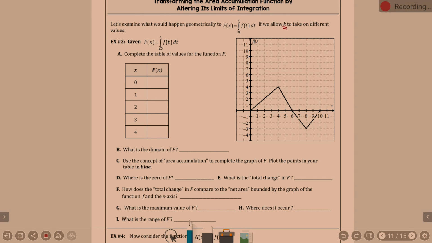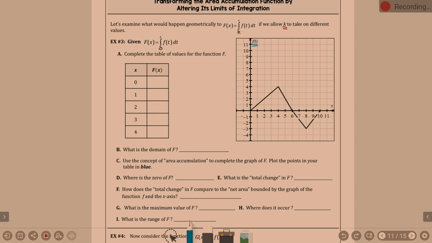Complete the table of values for the function f, which is defined above. F is the integral from 0 to x of f of t dt, and we have an f of t graph. What do you got here? The first one is going to be 0 to 0. What's f of x going to equal when we're going from 0 to 0?